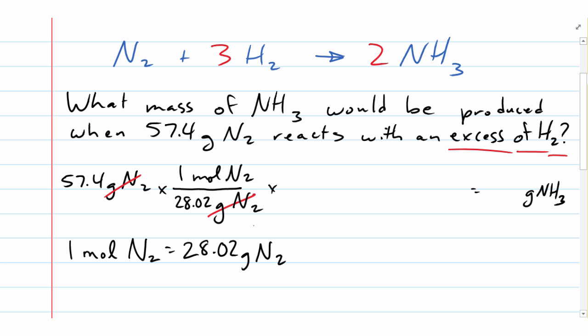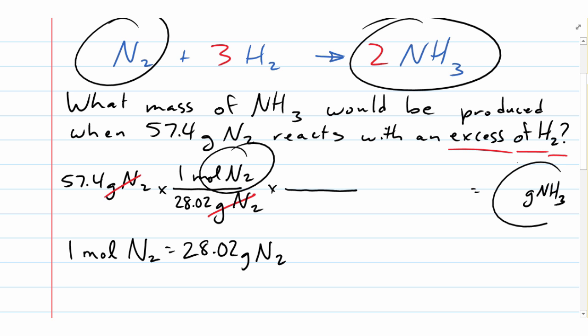Now we have moles, specifically moles of N2, but we're looking for NH3. So we need to convert from N2 over to NH3. To convert from one substance to another, we need a conversion called a molar ratio. Specifically, N2 to NH3, because those are the two in this equation.